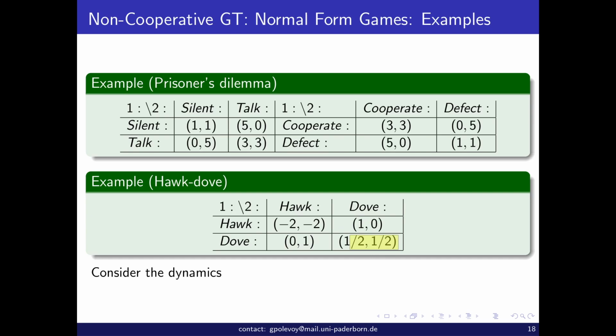Now what's going to happen in the next stage? What is the best thing against a dove? To be a hawk. Because if you are a hawk against a dove, you get 1, comparatively more than the half you get if you are a dove against a dove.